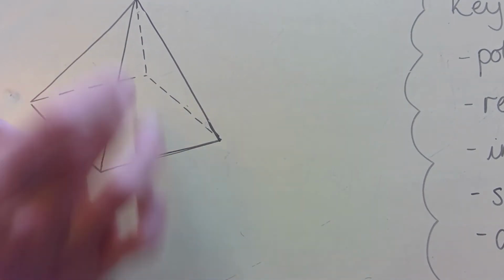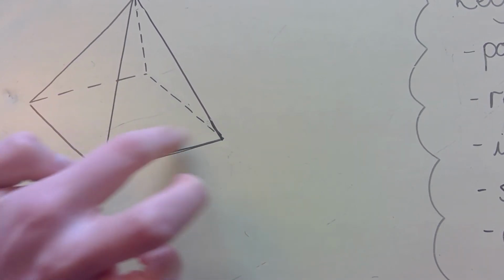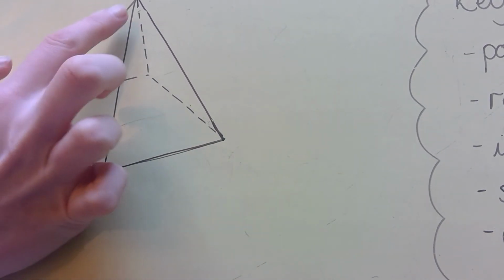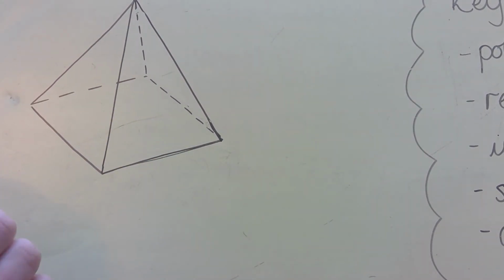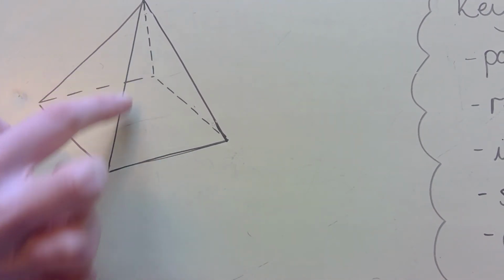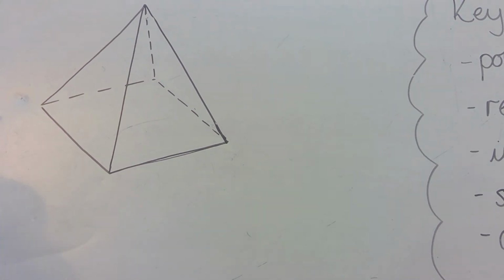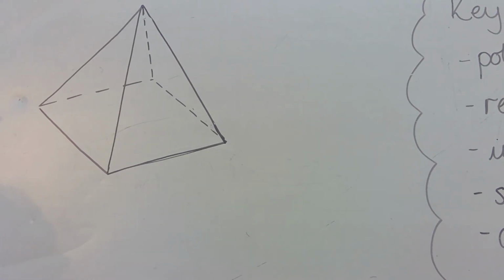And then each of its sides, so it then has 4 sides. It's got 1, 2, 3, and 4, okay? 4 sides, and you can see this shape here quite clearly is a triangle. So the two 2D shapes that this 3D shape is made up of is a square and a triangle.